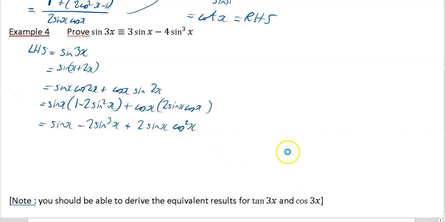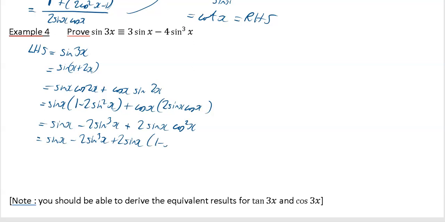And then plus 2 sine x, and cos times cos is cos squared x. Okay, again, let's just look at where we are. We've got a cos squared term. The right hand side has no cos squared terms. It's all sine in there, so we want to change this cos squared to be 1 minus sine squared. So what we have so far is 2 sine x times 1 minus sine squared x. Multiply out, tidy up, and see where we get.